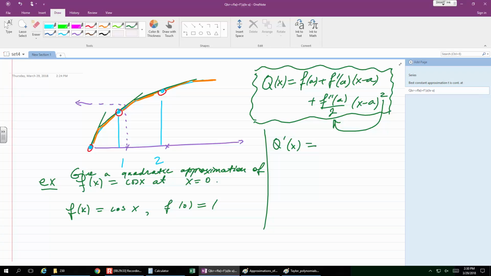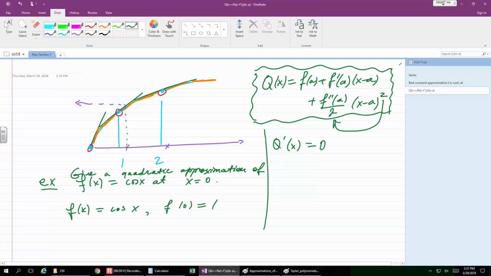Term by term. The derivative of the first term is 0. It's just a constant number, f of a. That a is our number, the location we concentrate on, so it's just a number. It disappears. Now what about the second term?